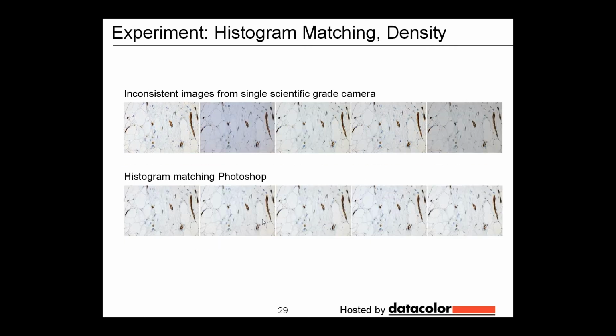And rather than set the thresholds image by image, I instead decided I'm going to test this against a sort of standard in which I did histogram matching. So I took values from this first image and then matched the rest of those images to the first image, and you can see these are very consistent.